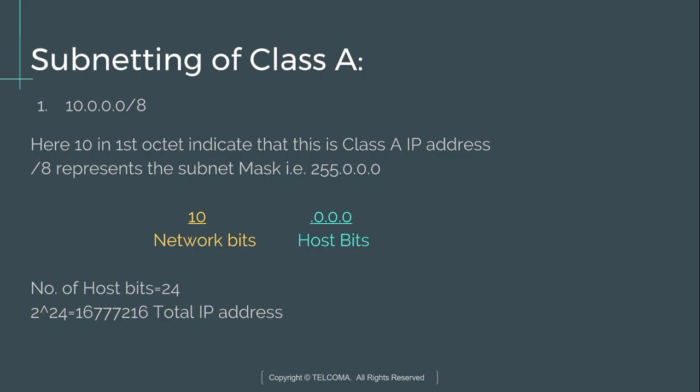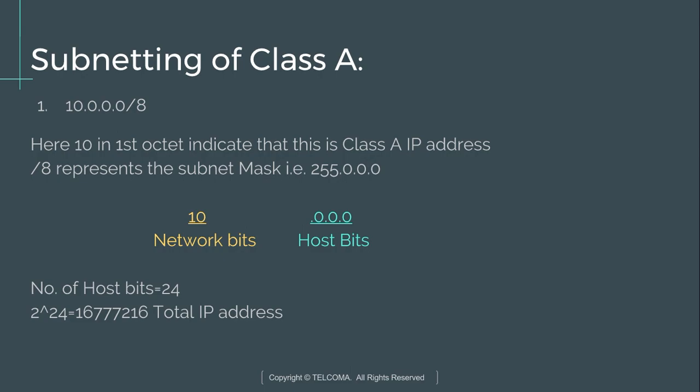The next is the subnetting of class A. How do we do the subnetting of class A? Here the given IP address is 10.0.0.0/8. The 10 in the first octet indicates that this is a class A IP address, and /8 represents the subnet mask, that is 255.0.0.0. It indicates the network bits and the host bits.